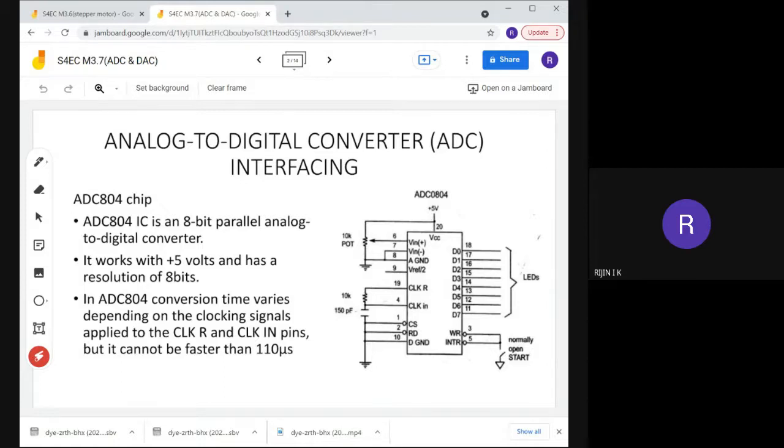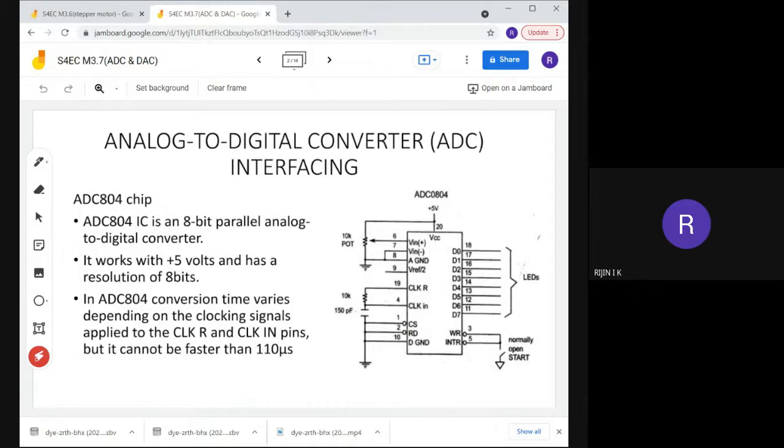After converting the analog signal to a digital signal, we need to read those converted data. For that we will use this RD pin. It is also an active low pin. That means we need to give a binary value 0 to this pin, then only it will activate.